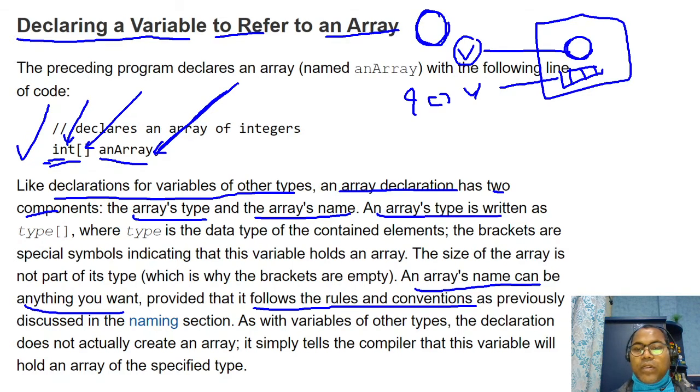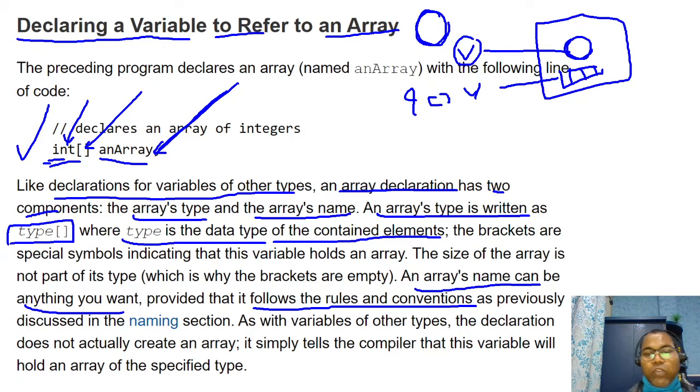The array type is written as your type and the array symbol. Type is the data type, maybe integer, float, double, anything, the type of contained elements that the particular array is going to store. And the brackets are a special symbol indicating that this variable holds an array.